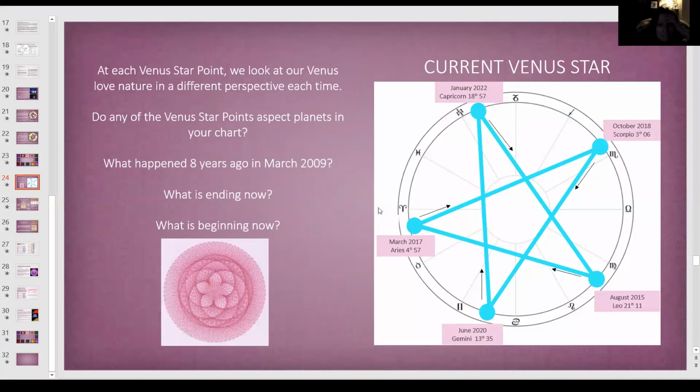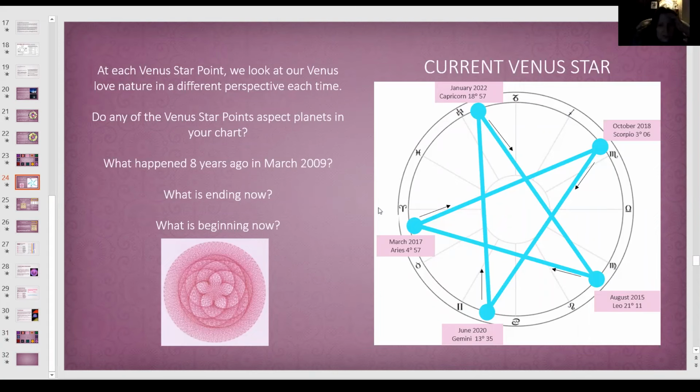So, Carolyn, what was in your 7th house? Was that Mars, did you say? Mercury at 3 degrees Scorpio, and my south node at 5 degrees Scorpio in my 7th.